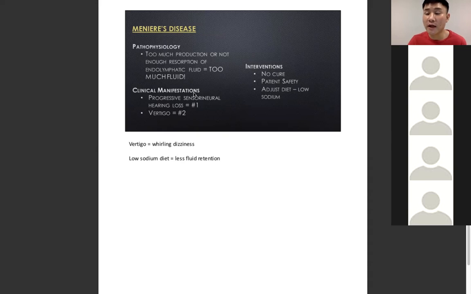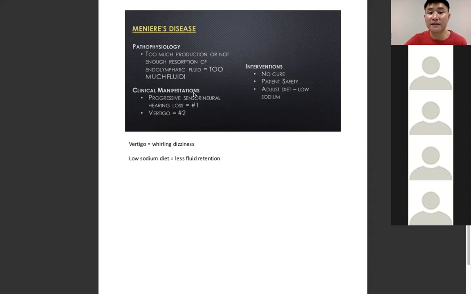We have fluid in the eye, and we also have fluid in the inner ear. When there is too much production or not enough absorption of endolymphatic fluid inside the ears, this causes whirling, dizziness, and also hearing loss.